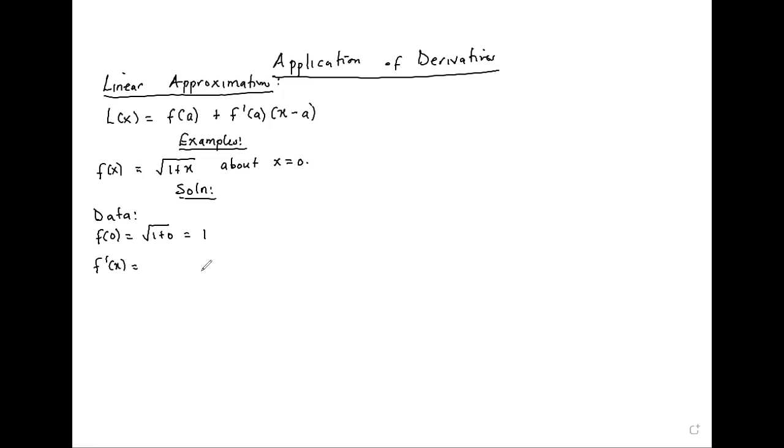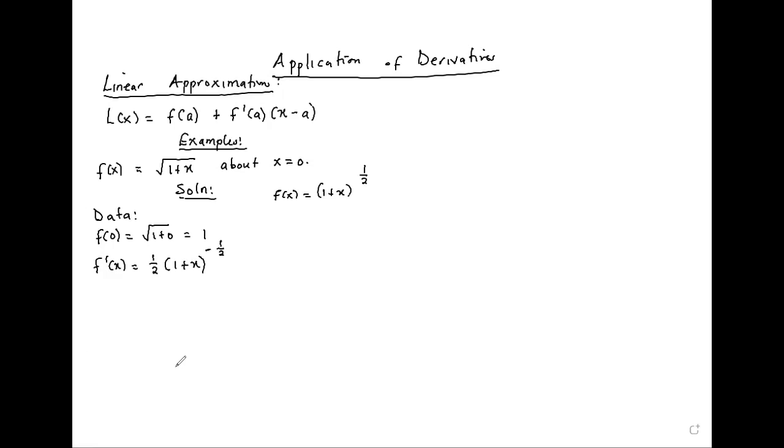Now, you know, we can write f as 1 plus x to the power half, so differentiating it. To differentiate it, you have half, and then 1 plus x, and then half minus 1, you get negative half.